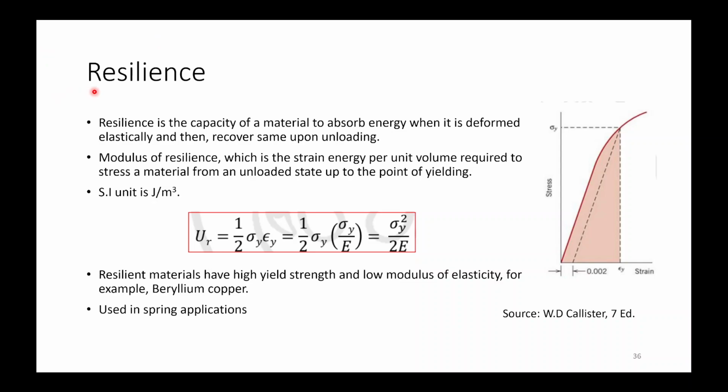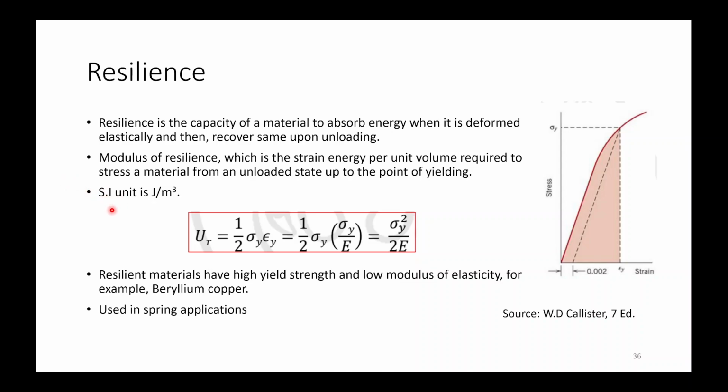Now the other property is resilience. It is the capacity of a material to absorb energy when it is deformed elastically and then recover the same upon unloading. And the modulus of resilience is the strain energy per unit volume required to stress a material from an unloaded state up to the point of yielding.